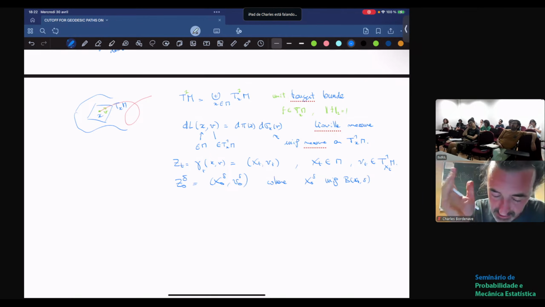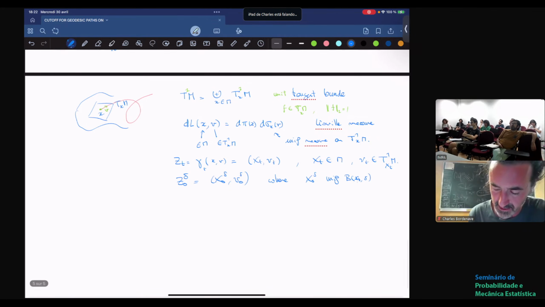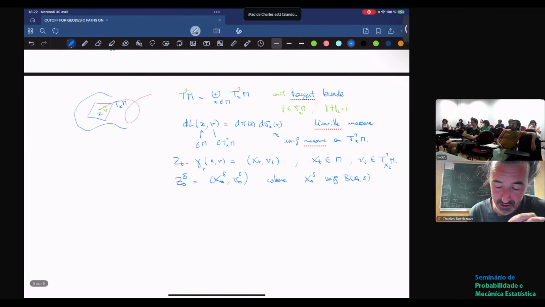As in my toy example of my interval, I have a center x_0, and my initial position is slightly random. x_0 is a point in M, and my initial direction will not depend on delta. It will be simply uniform on T^1_{x_0}.